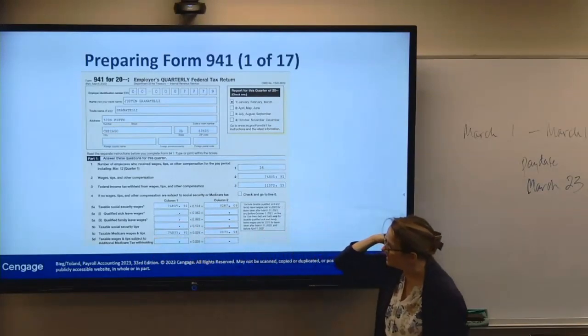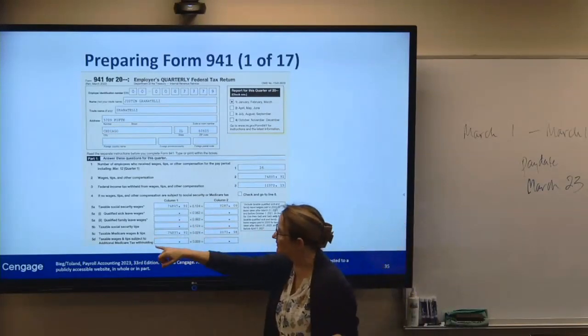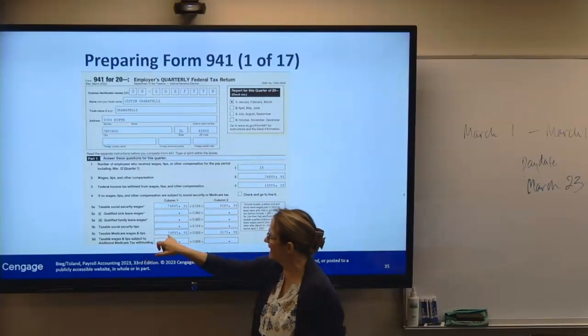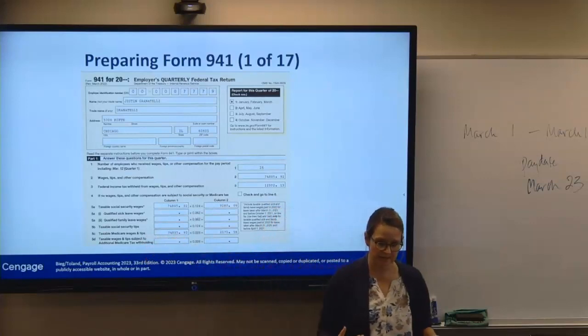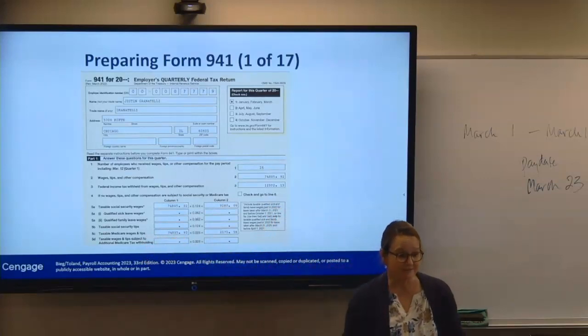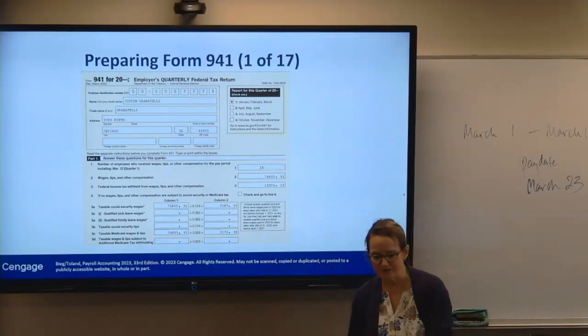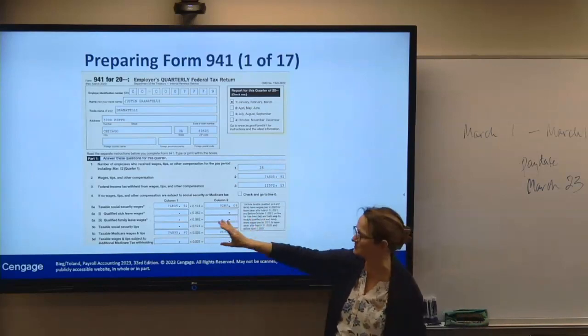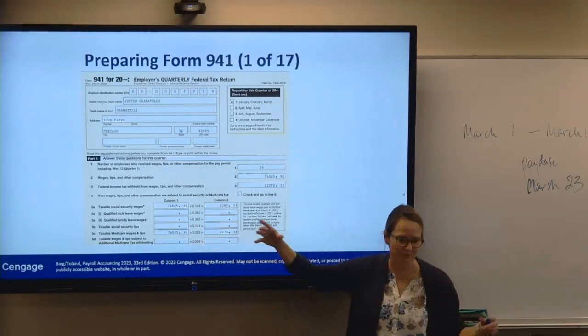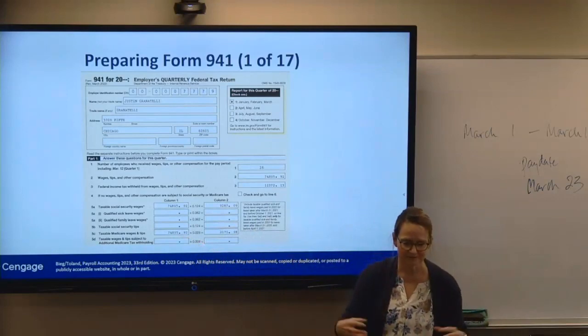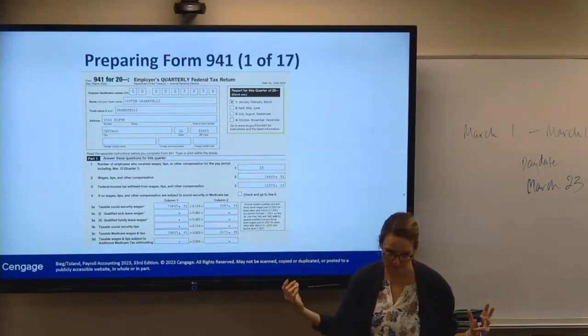Next line, 5C, we've got taxable Medicare wages and tips. Now, don't ask me why they separate the tips from the wages for Social Security tax purposes, but then for Medicare tax purposes, they put it together on the same line. I don't know why that is.